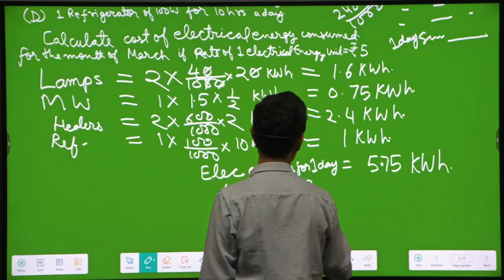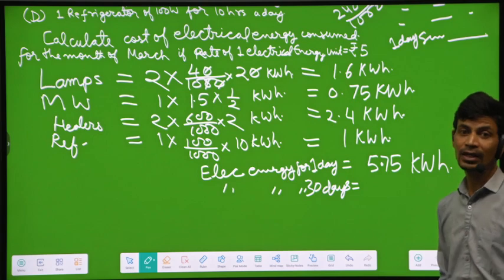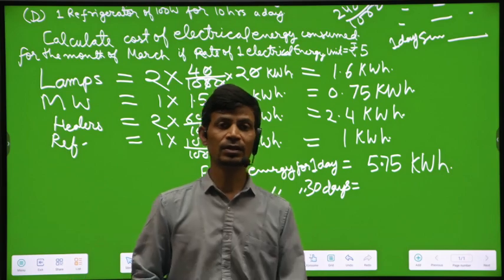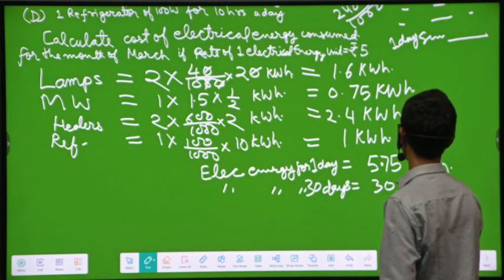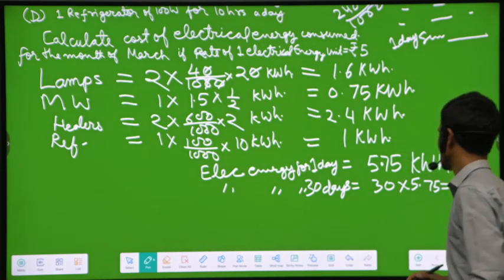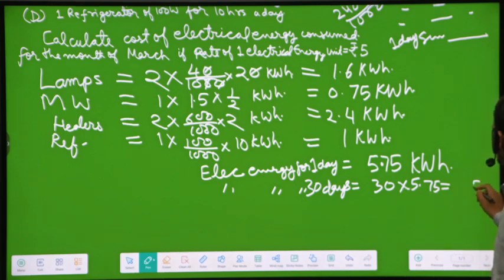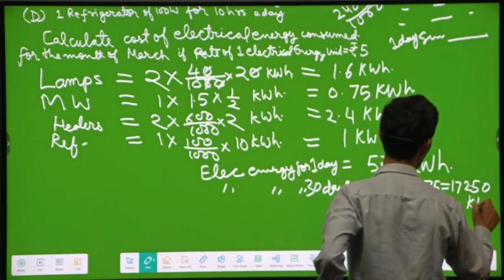Electrical energy for 30 days for March. Sometimes they can give February, and leap February, that also, 30 into 5.75, that will be this much kilowatt hour.